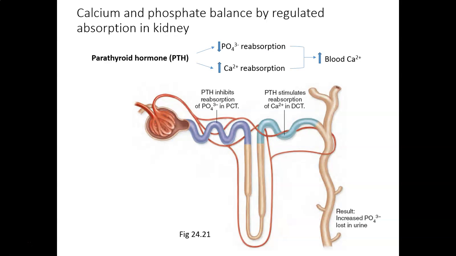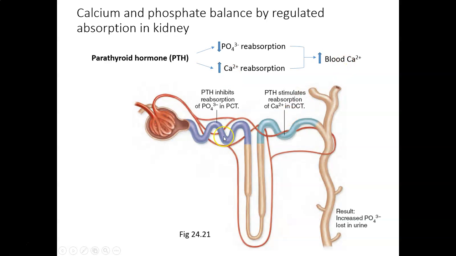If you really want to increase the blood calcium level and prevent it from just being carried to the bone and deposited there, you at the same time want to decrease the phosphate reabsorption. So then the ratio of calcium and phosphate changes, and more of the calcium stays in the blood.